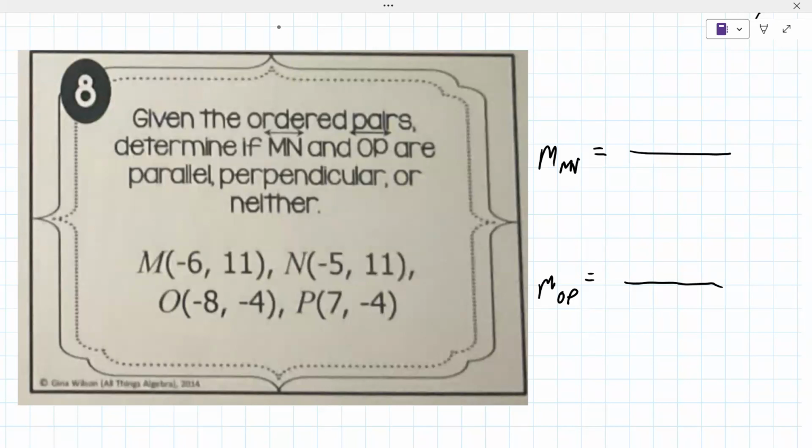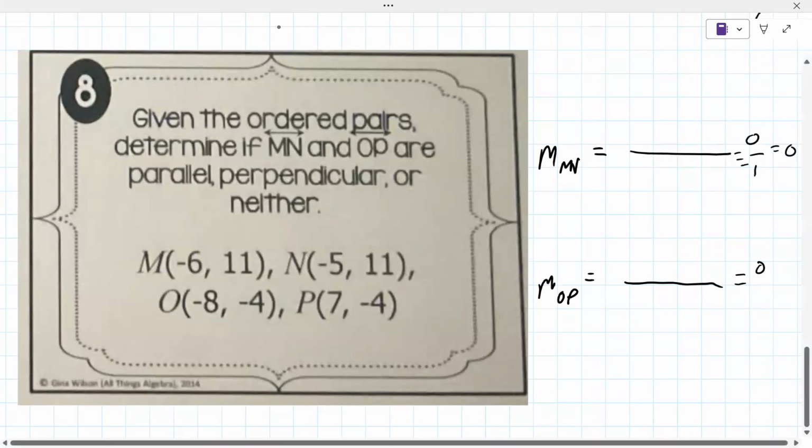Now what does that become? What is 0/1? Not undefined, but it ends up being 0.